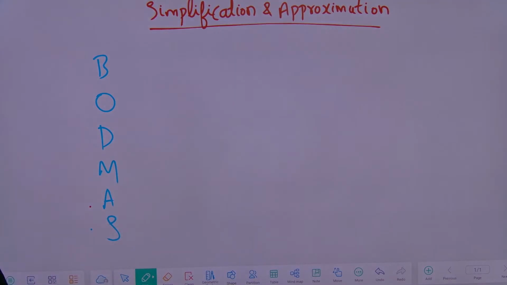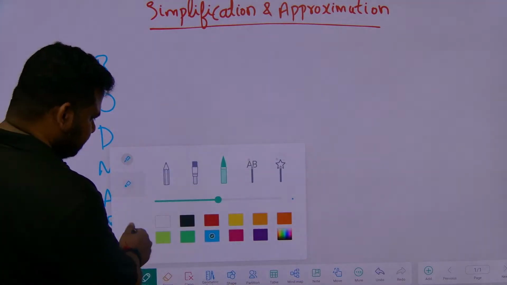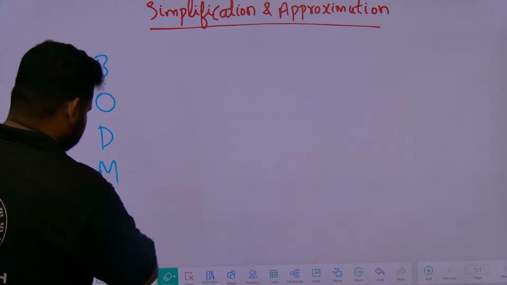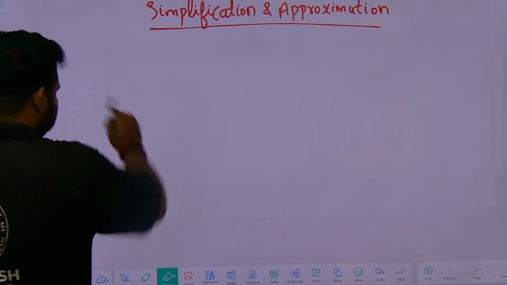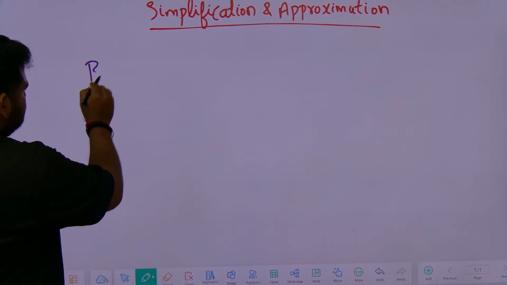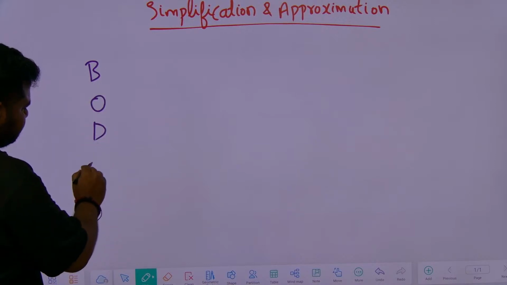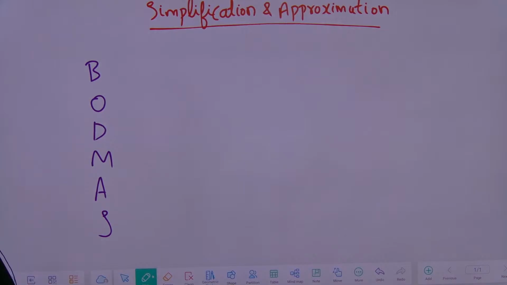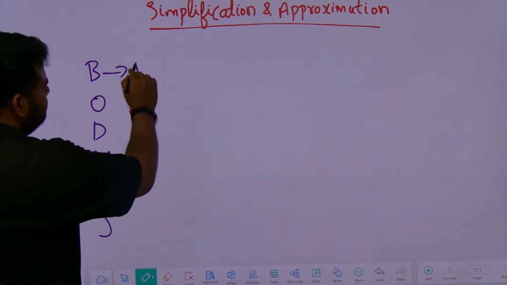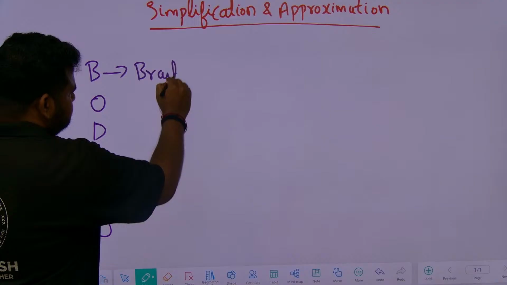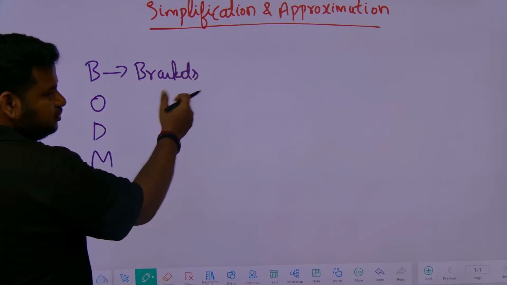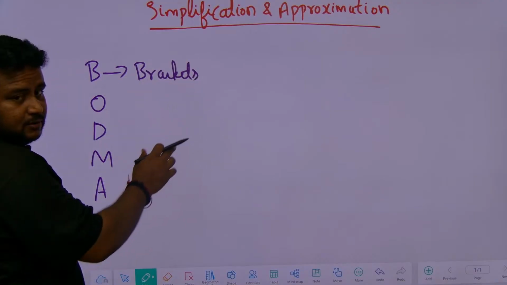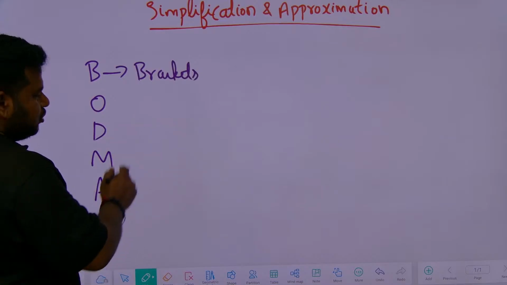So when I talk about the BODMAS rule, let me take some other color which is dark. Is it visible clearly? Okay. In the BODMAS rule, the first thing we talk about is brackets.